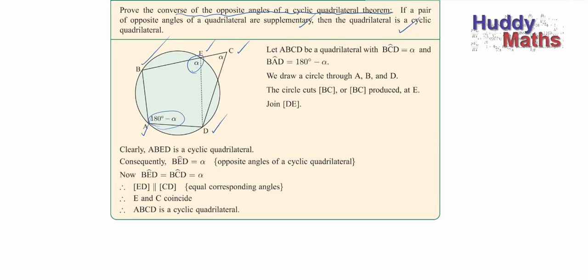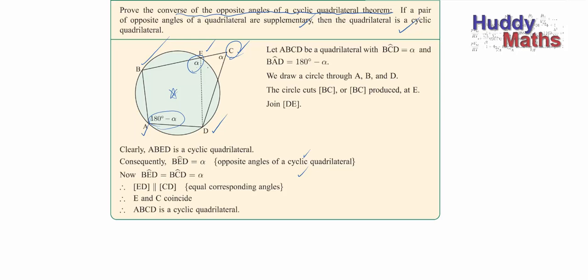Now, if we extend this and make a bigger quadrilateral, you can say this one is cyclic, but what we want to do is investigate A, B, C, D outside there. So we've already said alpha and 180 take alpha, we've talked about that.